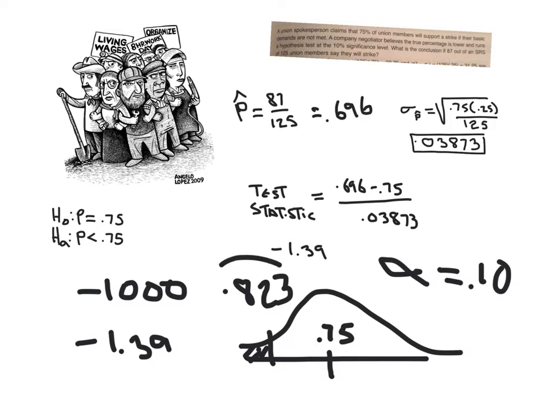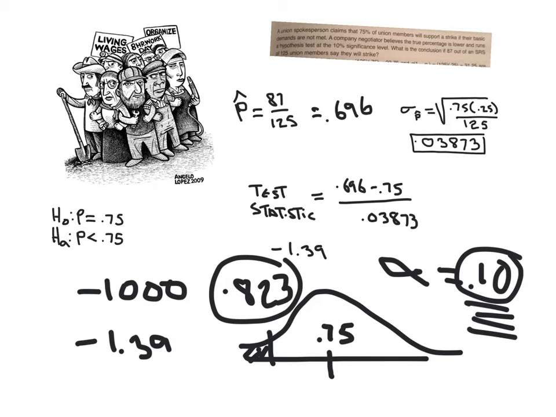So if we compare this with this, this is our cutoff point. Now, we only have an 8% chance that would actually happen. Our cutoff point is 10%. So it's not very likely, at least for what our criteria is, which means, what do we do? We reject the null hypothesis.